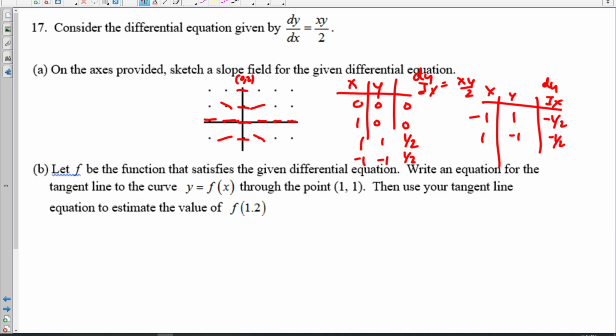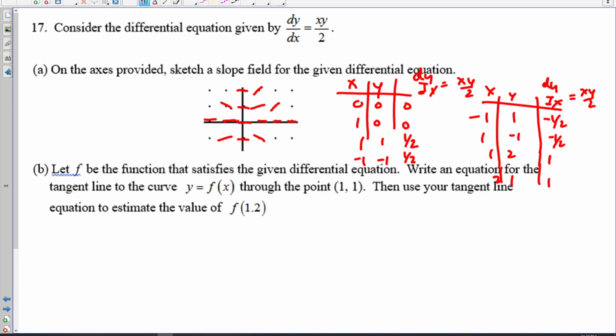This point right here, 1, 2, if I put in 1, 2, I'll actually get 1, and if I put in 2, 1, I'll also get 1, because this is equal to x, y over 2. So I'm going to plot a slope field of 1 right here, and that's also the same as if I had 2, 1. So that's the same as this point down here.